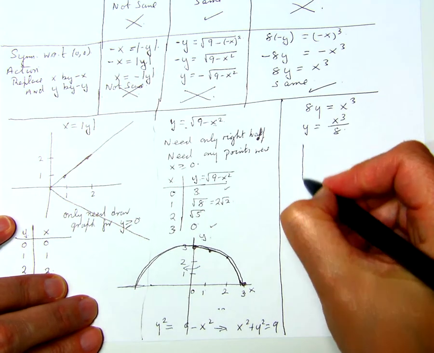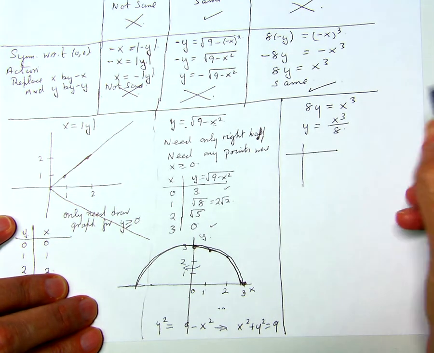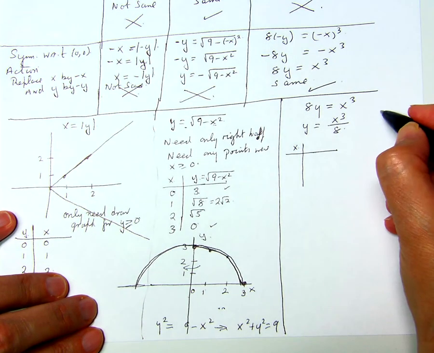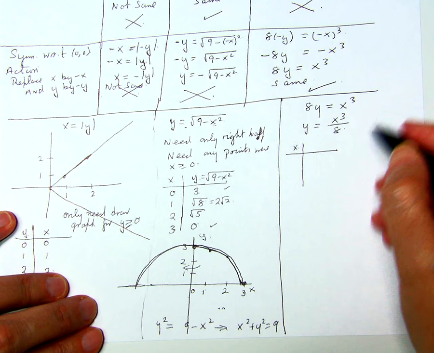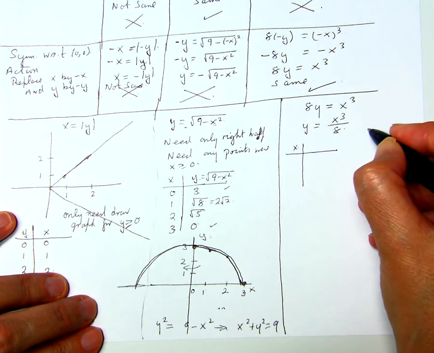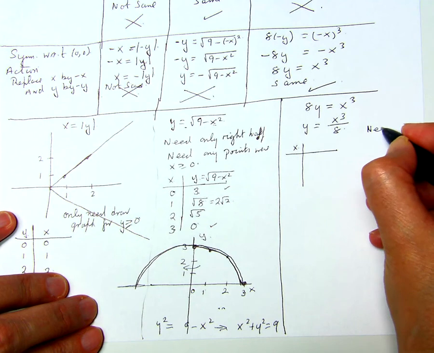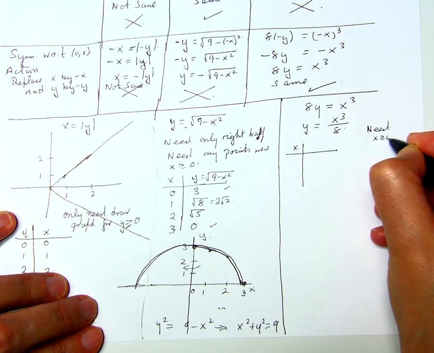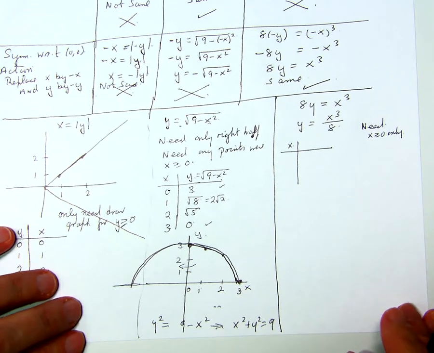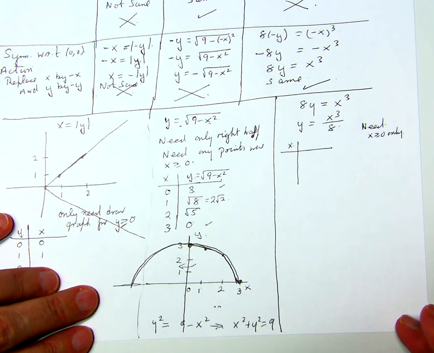I'm going to draw the half of the graph which corresponds to the right-hand side of the plane, which corresponds to x greater than or equal to 0. And then once I've done that, I'll use the symmetry to get the other half of the graph.